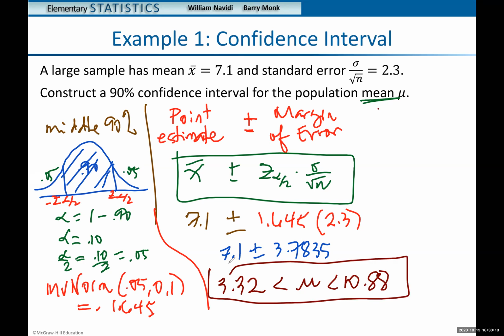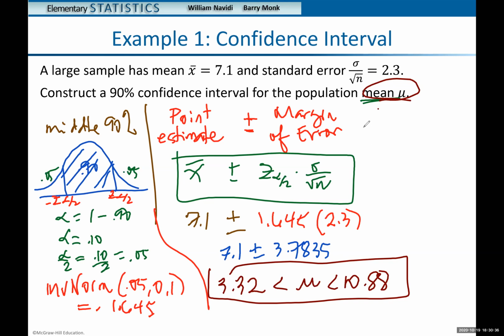If you use 1 decimal, it's 3.3 and 10.9. If you use 2 decimals, it's 3.32 and 10.88. Don't forget, we use the symbol mu here because we're talking about the population mean, mu.